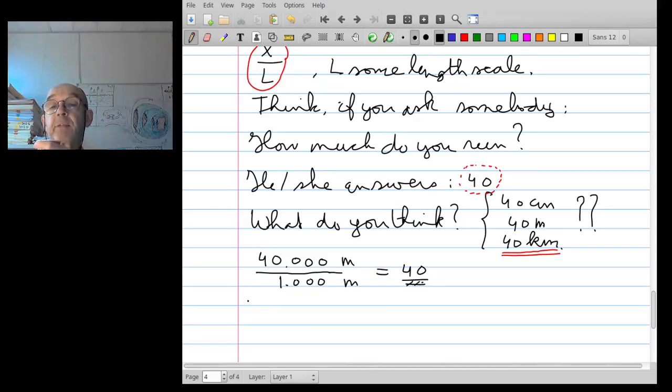So his length scale is just 1 kilometer.